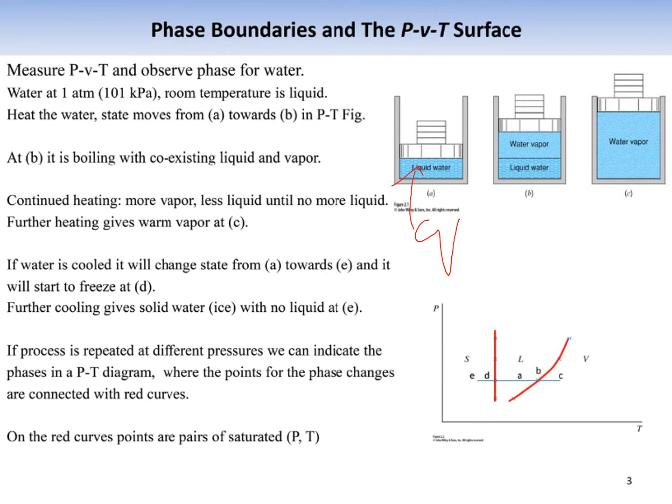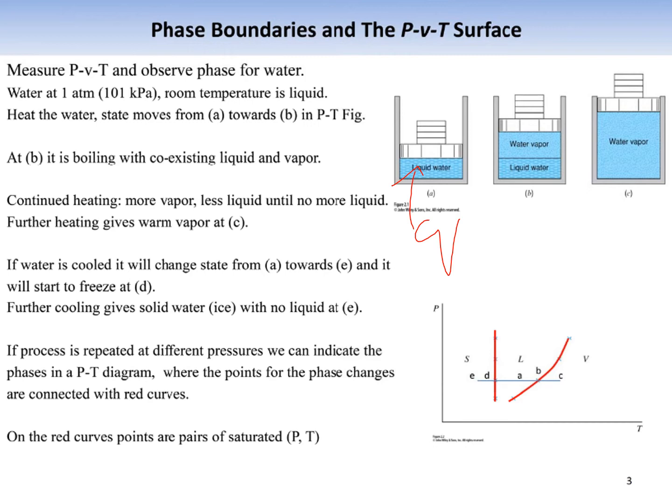We can also convert this configuration into a constant temperature boiling process. We can put this assembly in some sort of temperature controlled environment, and we forcefully move the piston upward by means of a mechanical force, while keeping the temperature constant.